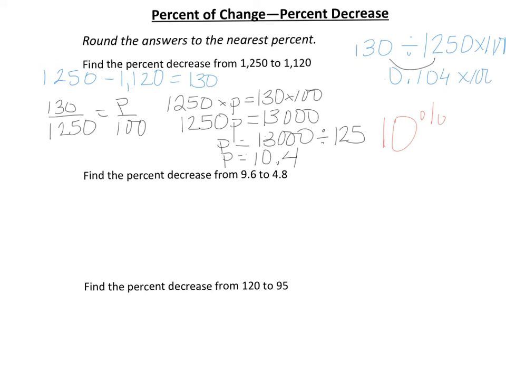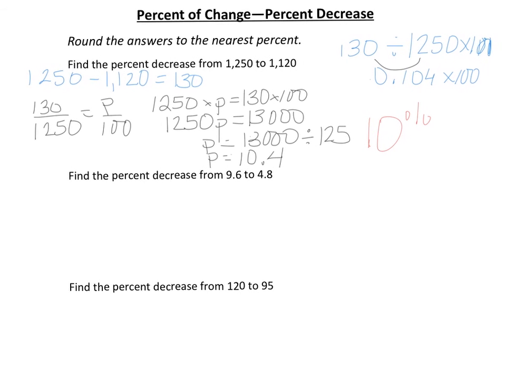We multiply by 100, which is what that number is supposed to be. And we get 10.4, which will round to 10% because we round down due to the 4.